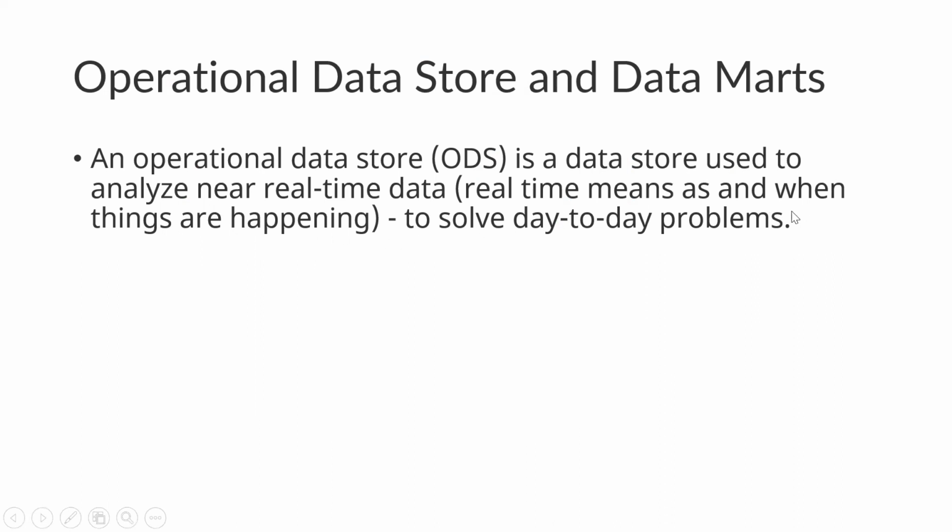Real-time means when things are happening at the transactional side, at the source side, on the same day, at the same time, we need to process the source to target data. So it's for very critical businesses, and it can be done to solve day-to-day problems quickly. Okay, so this is called ODS.